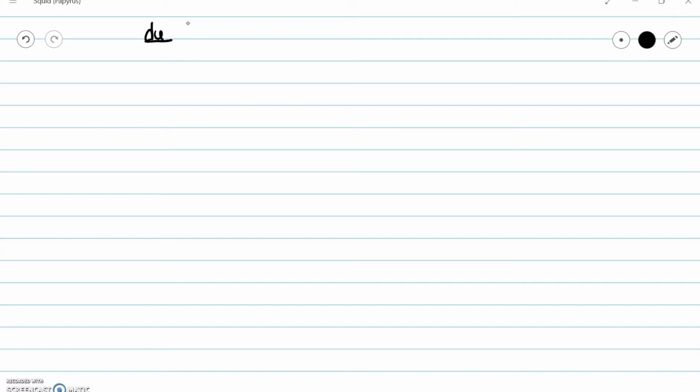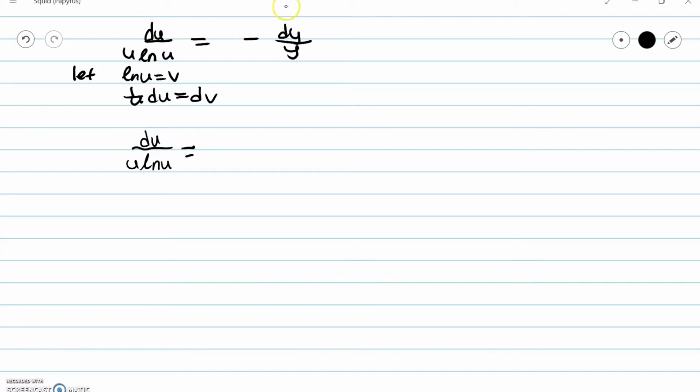By doing so, we can just divide by y and u ln u, which gives us du over u ln u equals negative dy over y. By integrating both sides and using u substitution, we'll then get the integral of du over u ln u equals ln bracket ln u.